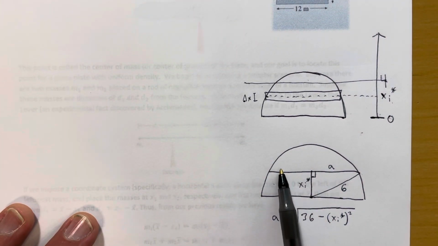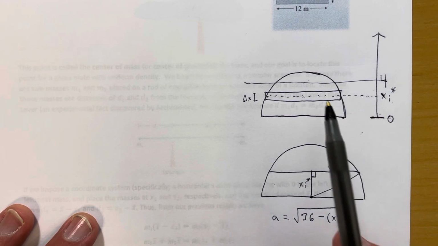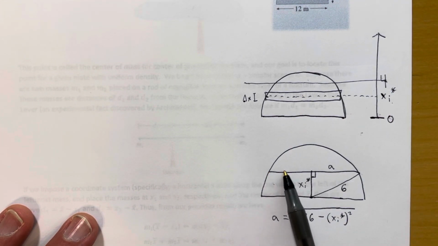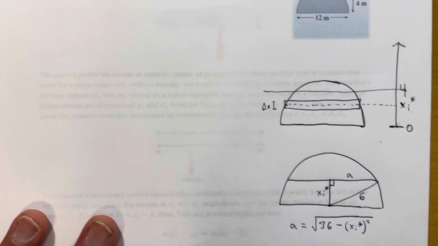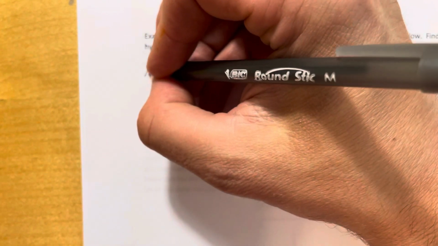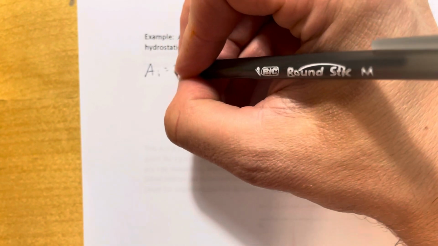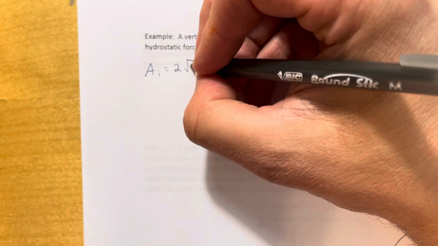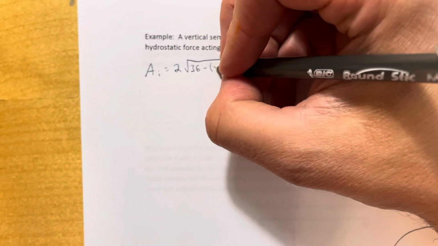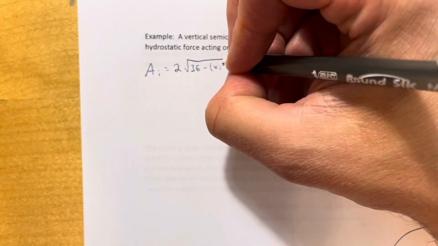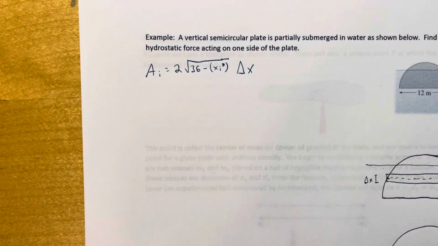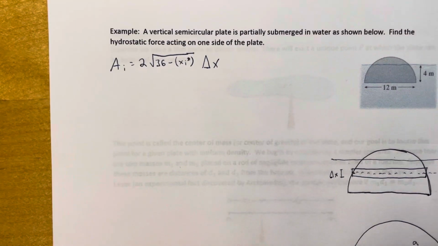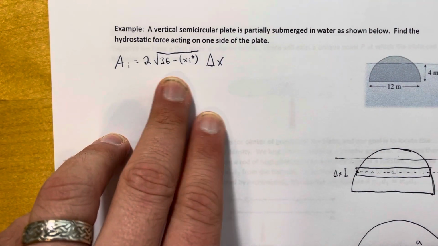Okay, so that means that the length of my rectangle, represented as a line, is double this. That means that the area of that rectangle is equal to 2 times the square root of 36 minus xi star squared times the width of the rectangle, which again is delta x. Okay? So now I have the area of my rectangle.